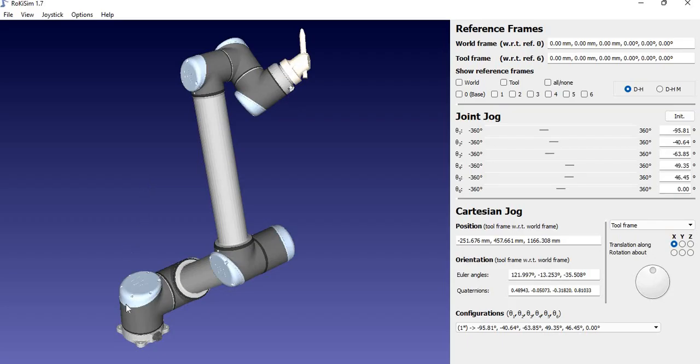So on each of these joints, right here, we have 6 joints. Right here is fixed. 1, 2, 3, 4, 5, 6 with the end effector. 6 joints, and for each joint we assign the z-axis, the zn axis, and the xn axis.